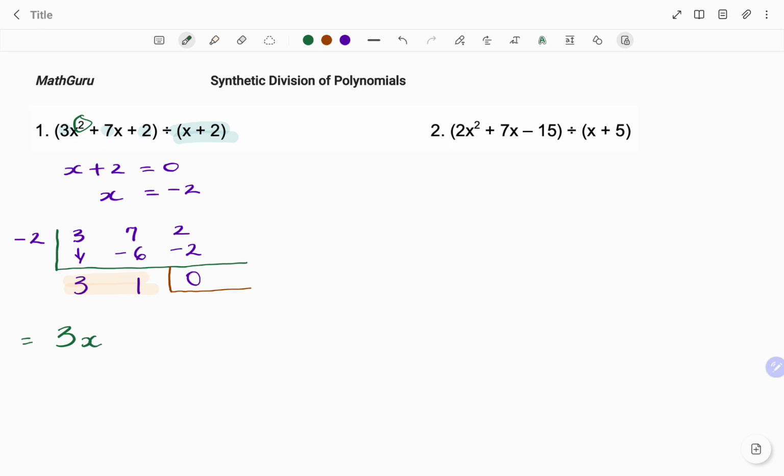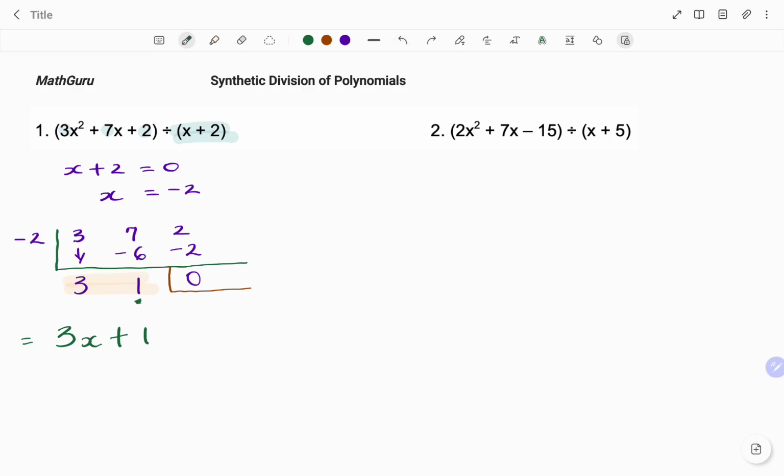I've dropped that power by 1. Then the next coefficient, which is 1, so I'm going to have plus 1. That will be a constant because the next power will be x to the power of 0, and any number or variable raised to the power of 0 is 1. So therefore, 3x squared plus 7x plus 2 divided by x plus 2 will give us 3x plus 1.